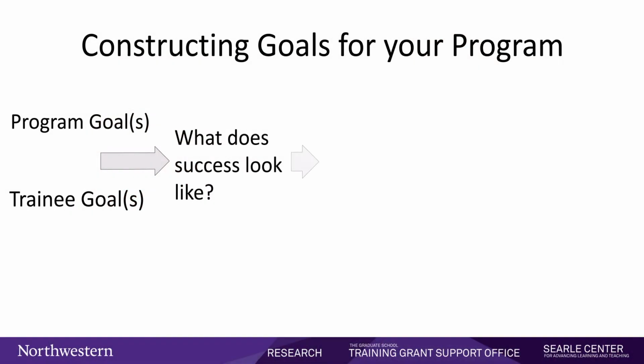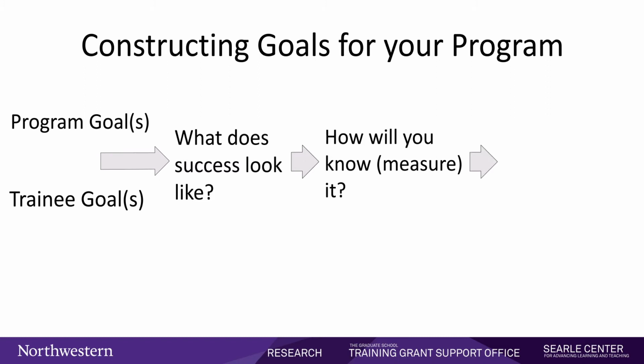At the trainee level, success might be enhancing their ability to analyse quantitative data associated with genomic studies. Once you've defined what success looks like, your next steps are to work out how you'll know if you are successful. That is, how to measure success.